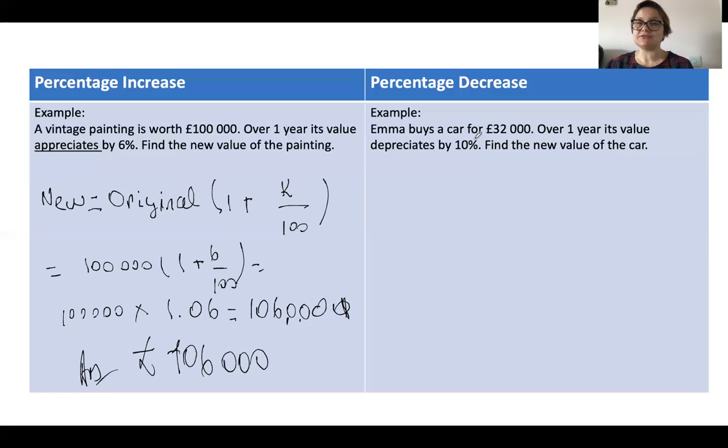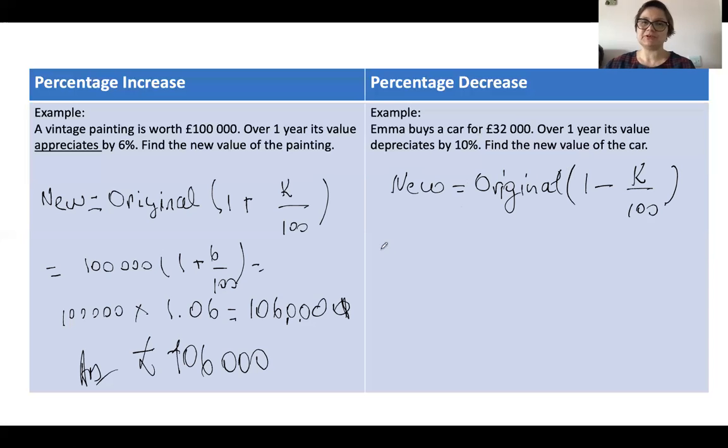Now, for the percentage decrease, the original value is 32,000 pounds. Emma buys a car for 32,000 pounds. Over 1 year, its value depreciates by 10%. So it decreases. And the formula is going to be, I'm going to write it, new equals original, in brackets, 1 minus r over 100. Okay, so this is the classic formula.